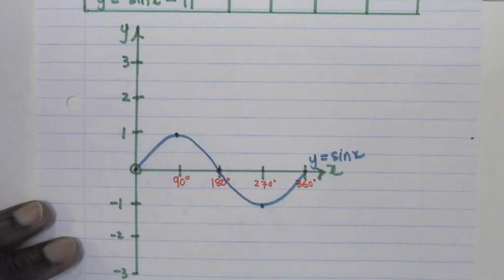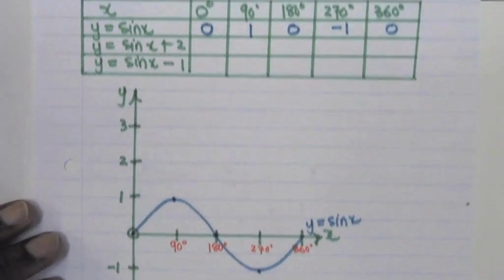I now need to complete my table of values again for the graph of y is equal to sin x plus 2, and I go to my calculator and I substitute, and when I substitute, the first one I'm getting 2, then here I'm getting 3, I'm getting 2, I'm getting 1, and then the last one I'm getting 2.